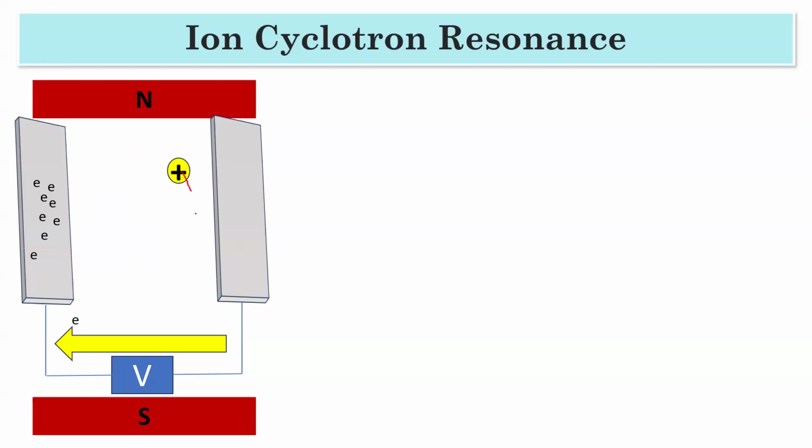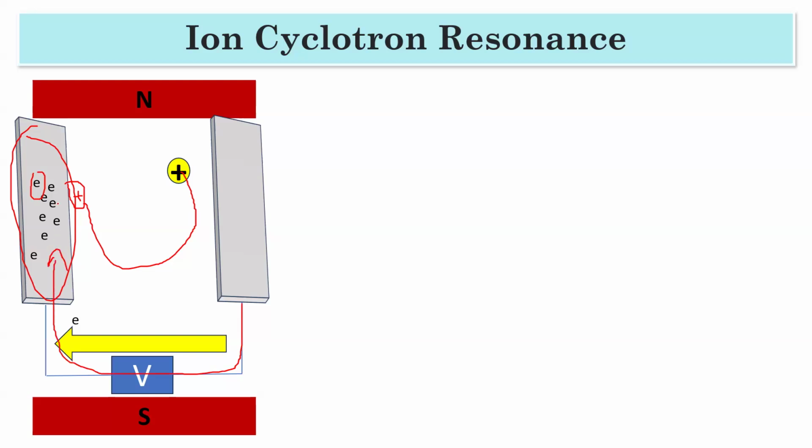Suppose it comes nearby here. Then this electrode will pull some electrons. If you have a circuit, some electrons will be pulled towards this.